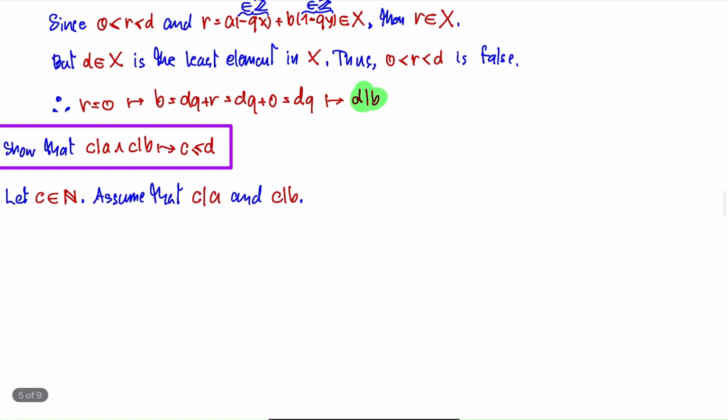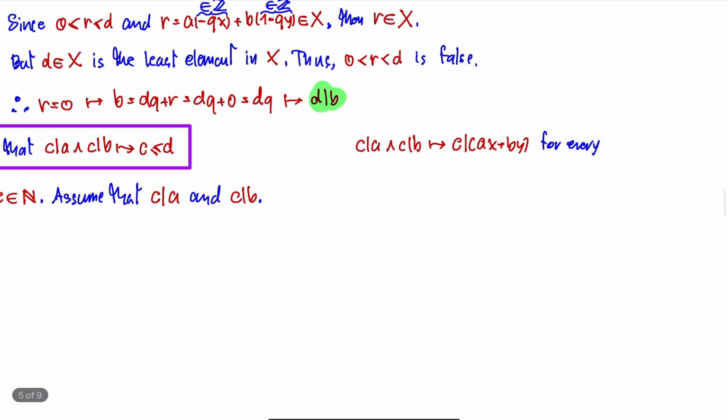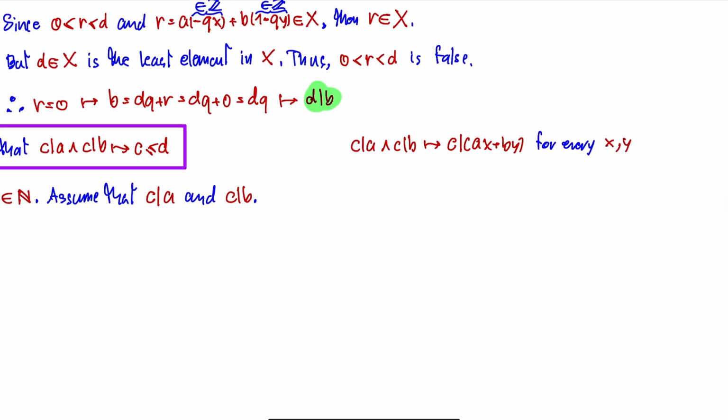Why? If you remember this theorem, if c divides a and c divides b, then c divides a x plus b y for every integers x and y, right?